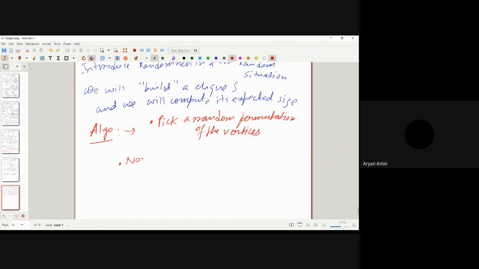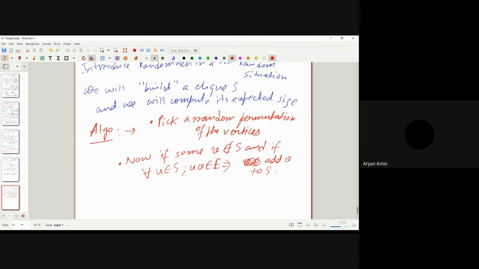Now, if some vertex isn't already in B, and if it is neighbors with all the elements already present in S, then we will add it. So what does this mean? You choose the first vertex, and then you look at the next vertex in the permutation.